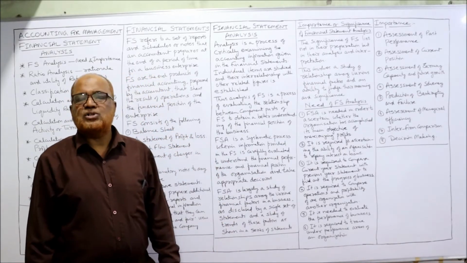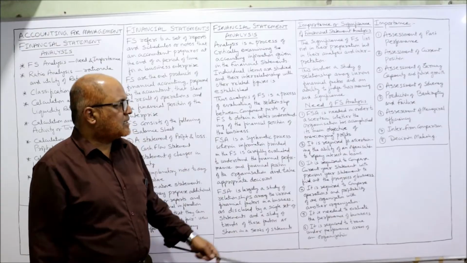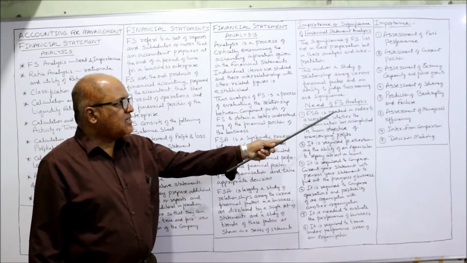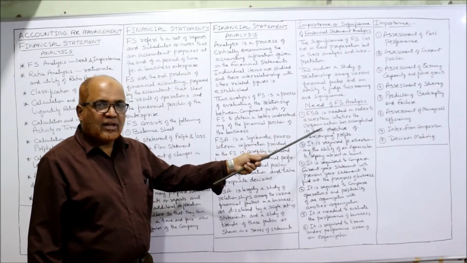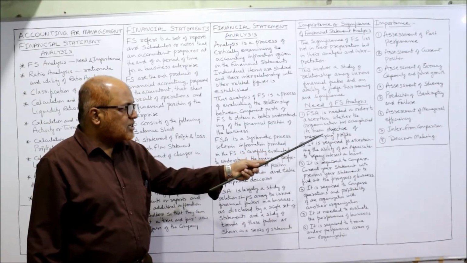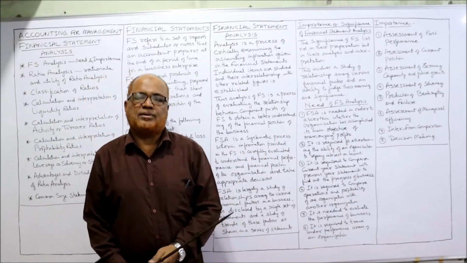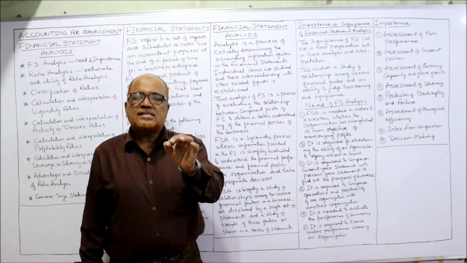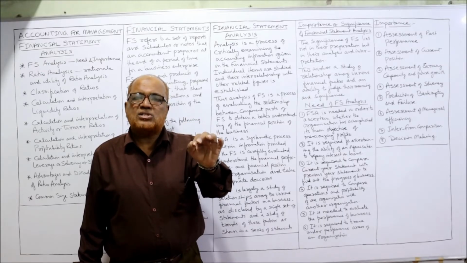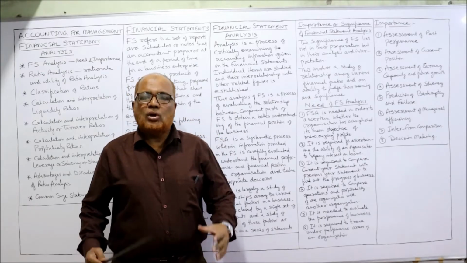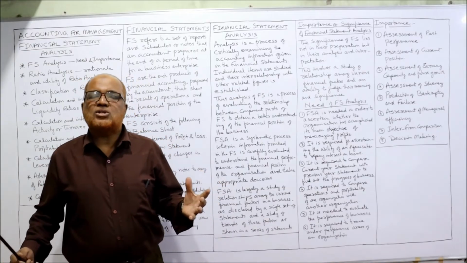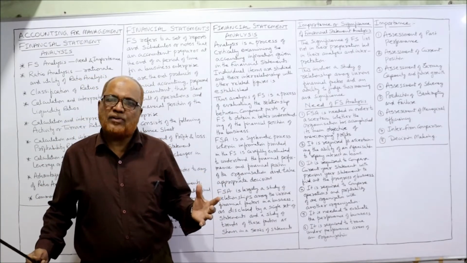Now, need for financial statement analysis. Why is it needed? Financial statement analysis is needed in order to ascertain whether the organization has accomplished its main objective of maximizing profit. The existence of every organization is with an objective. So normally a business organization's objective is to maximize profit.